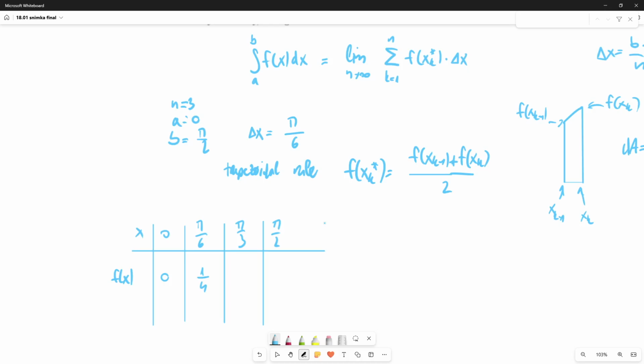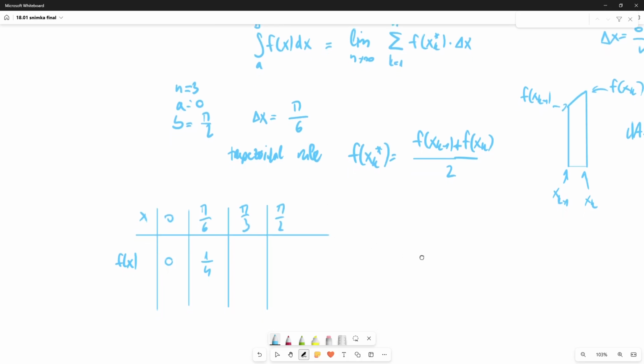Sine squared of pi over 3 can be easily found as sine of pi over 3 is square root of 3 over 2. And when we square it, we obtain 3/4. Sine of pi over 2 is equal to 1, therefore sine squared is equal to 1 as well.